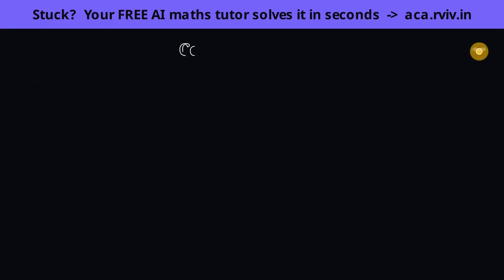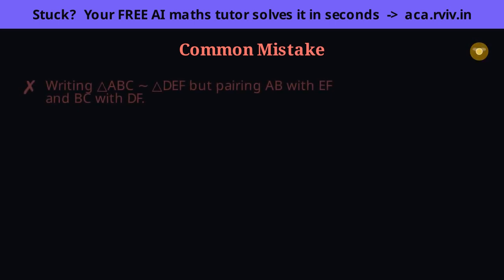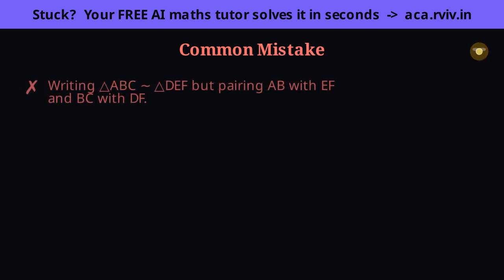Another trap is scrambling the vertices, and it's subtle because your working can look right while the pairing is wrong. When you write triangle ABC is similar to triangle DEF, that order is a promise the notation makes: A corresponds to D, B to E, C to F. So the side AB pairs with DE, never with EF.